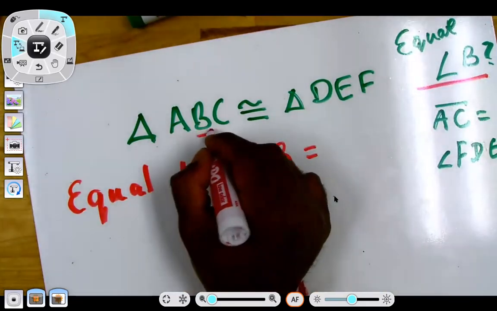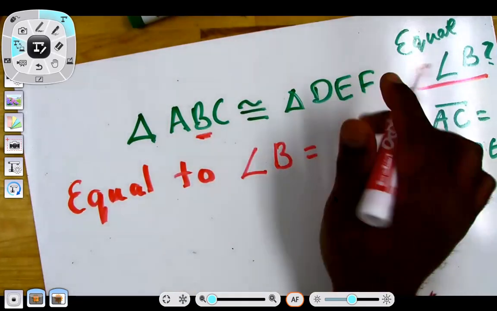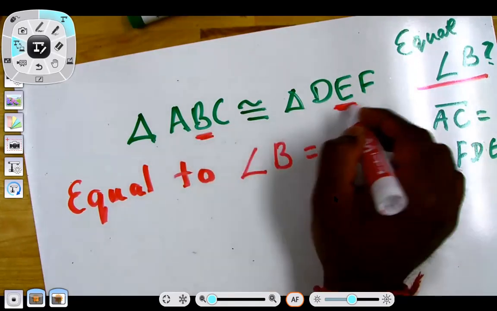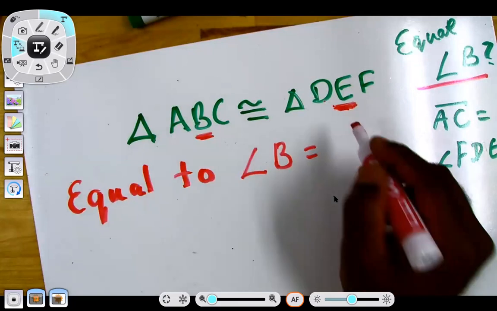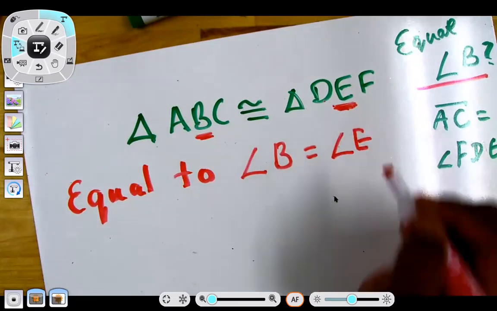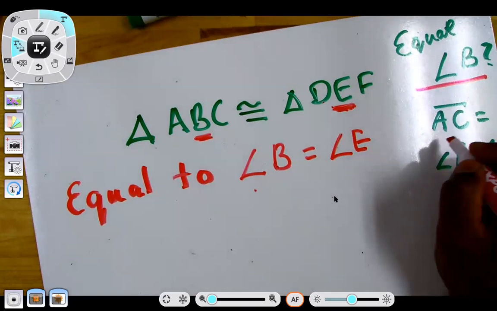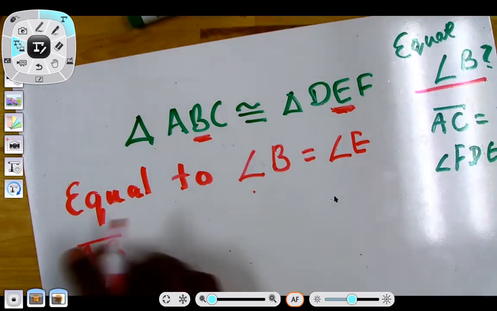If the angle is in the middle, when you look at it, if they write it down the same way, you can point it out. The B is in the middle, so E is in the middle, so these two triangles are congruent, so I'm just going to put E. Angle E is congruent to angle B. So the next question, what is equal to line segment AC?